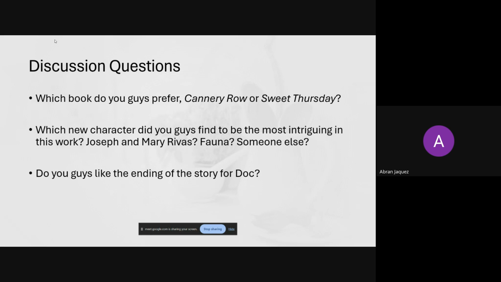And then going back to what you said about Doc dealing with his issues, his grief, PTSD from the war. So the real Ed Ricketts passed away, you said 6 years prior to this.